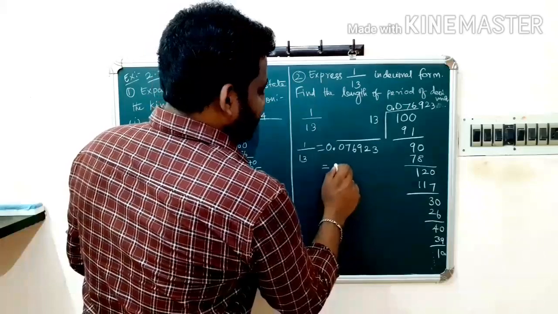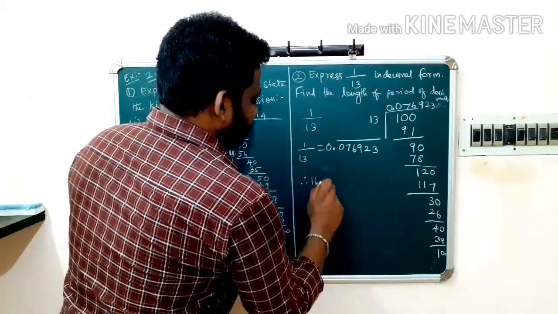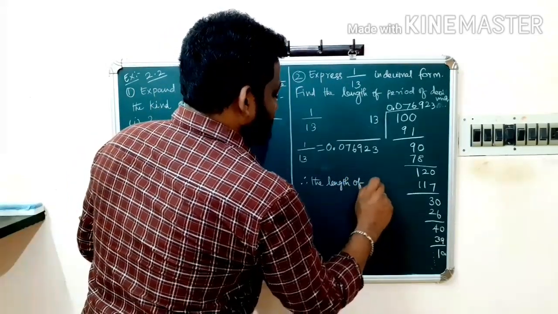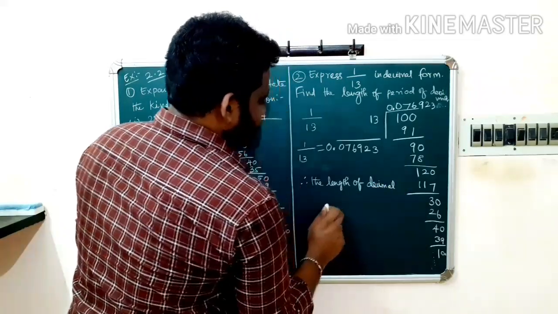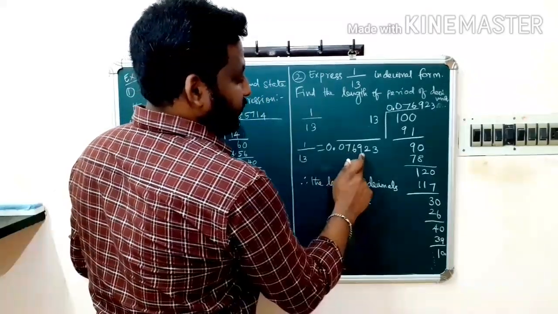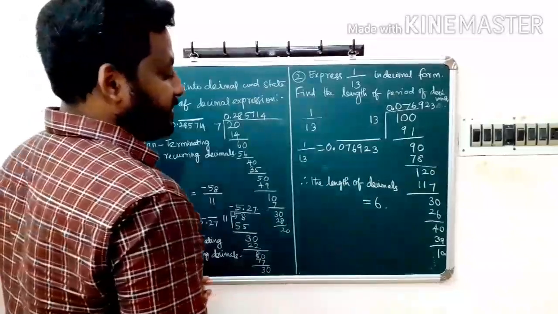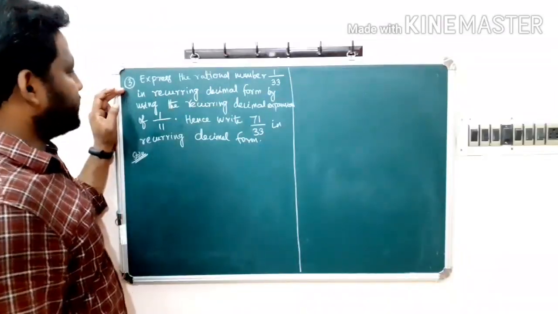Therefore the length of the period is 1 2 3 4 5 6, so 6 decimal places. So the length is equal to 6. Clear? And next we move on to the third question.